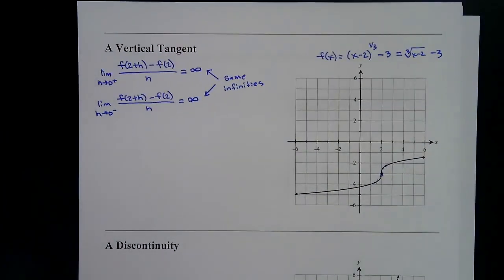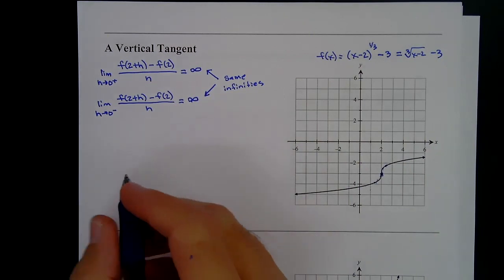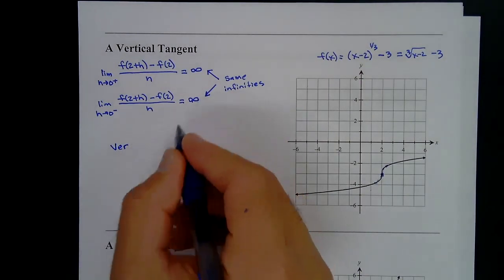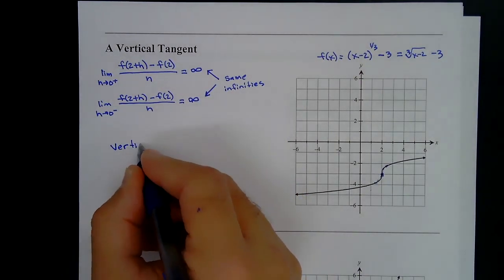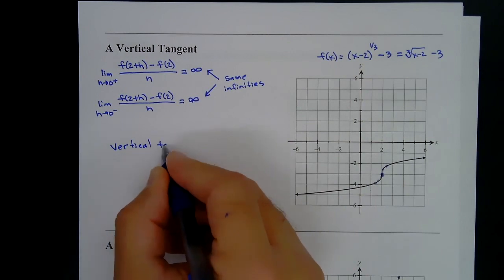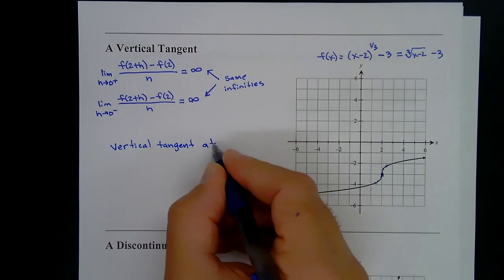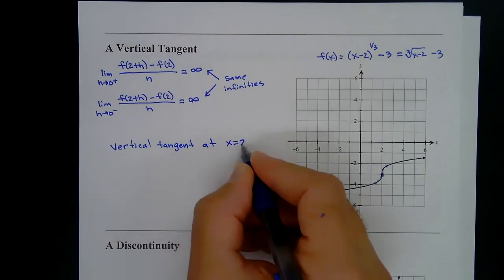Now, those are the three one-sided derivative situations that will cause us to not be differentiable. And I should say this: we say a vertical tangent for this one, because they're the same infinities, we'd say there's a vertical tangent at x equals 2.